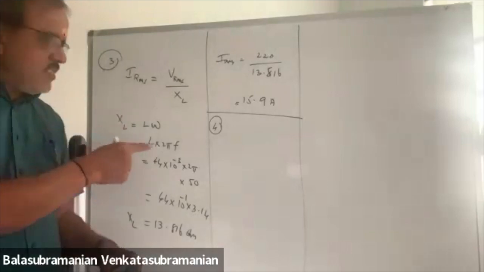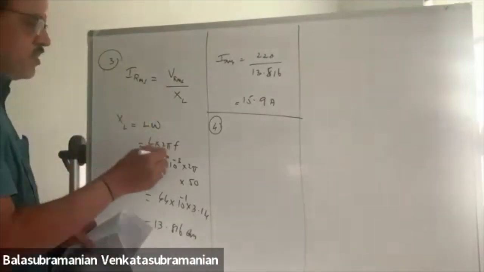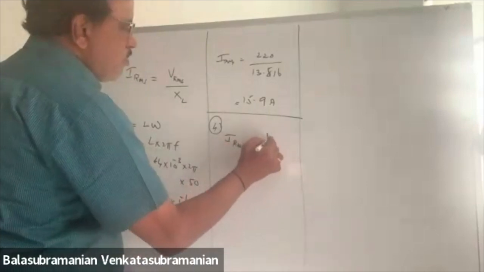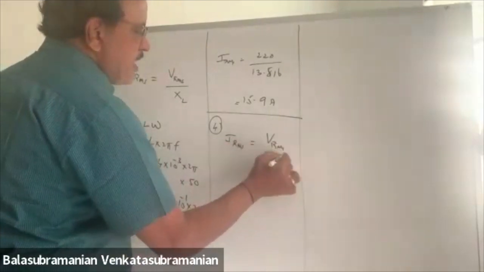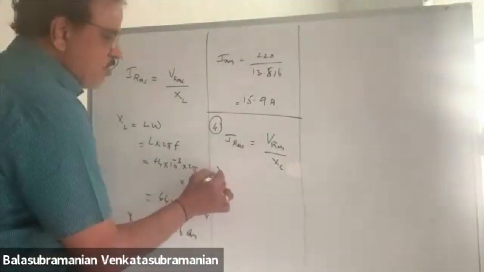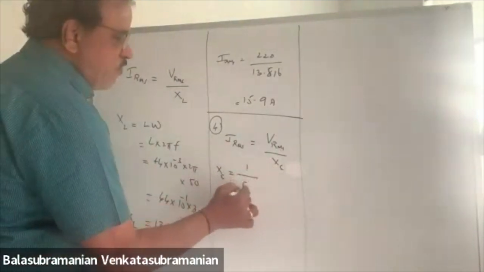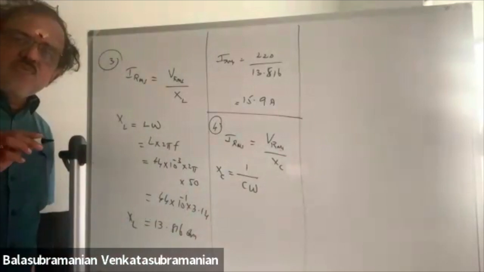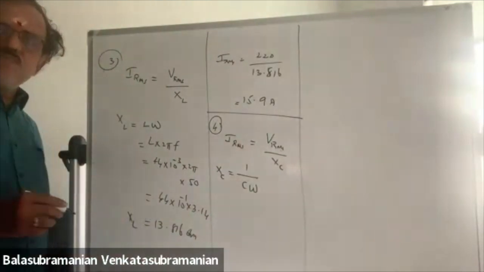Previously, for inductance, we have written XL. So IRMS is equal to VRMS by XC. XC is nothing but resistance offered by the capacitor. That is called capacitive reactance.